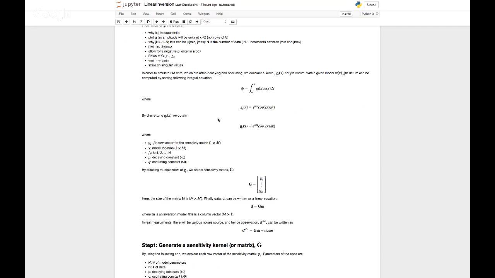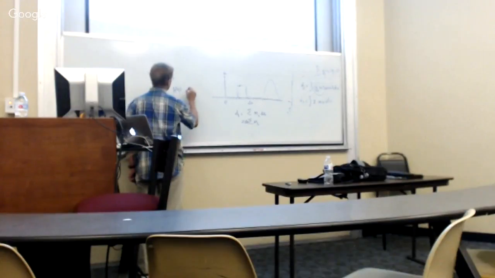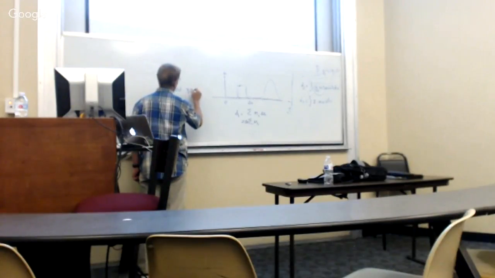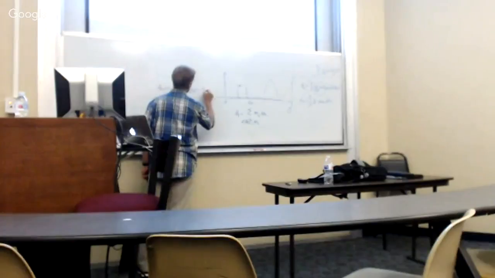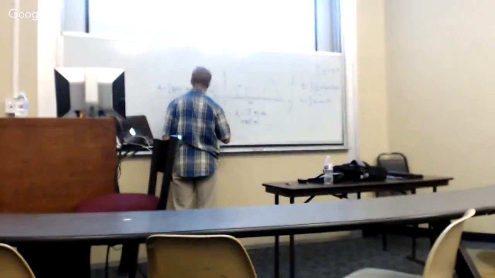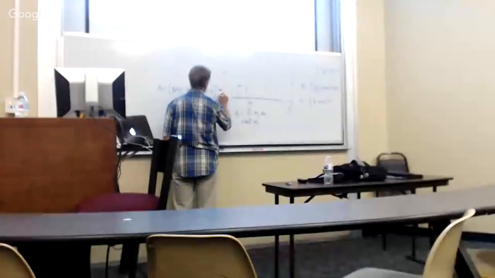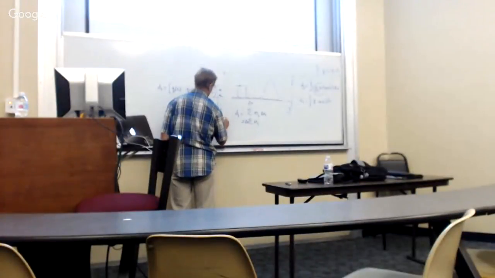We can then write our equation d1 as G1 of x1, G1 of x2, up to G1 of xm, this thing here, times m1, m2, up to mm.